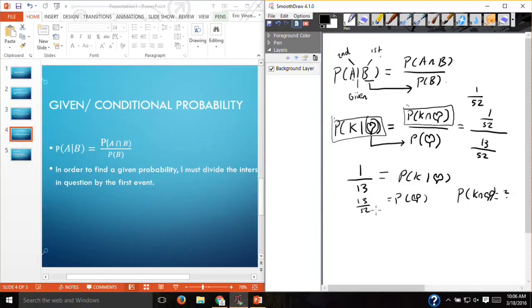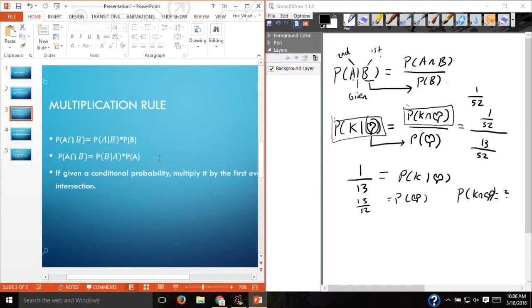So, going to our multiplication rule, this intersection is equal to multiplying this number, my given probability, by this number.